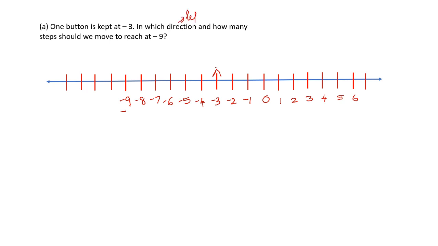We have to move towards the left. And how many steps should we move? Let us see. From -3, 1, 2, 3, 4, 5, 6. We should be moving 6 steps to reach -9.